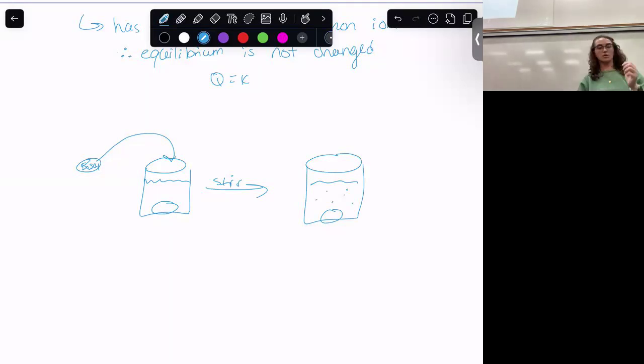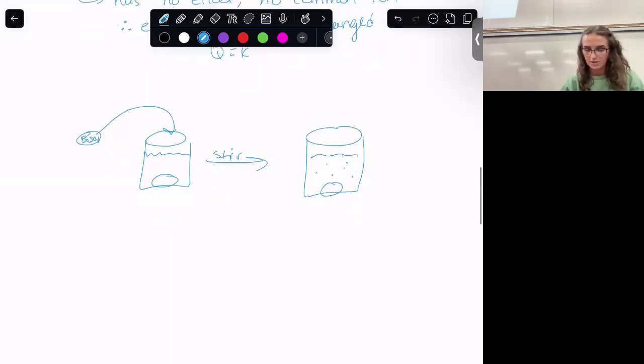And this is because that equilibrium has to form, right? If you just have the solid, it's like looking at an ice table.